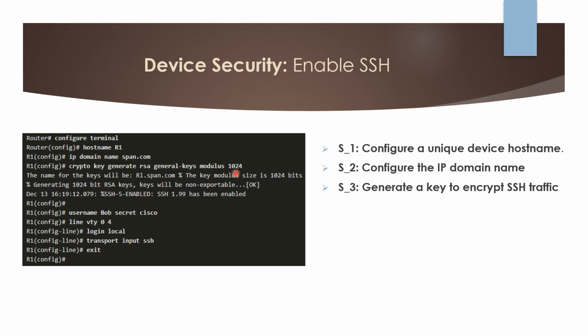So the minimum recommended modulus length is 1024 bits. Step 4 is to verify or create a local database entry. Create a local database username entry using the username global configuration command, and in this example the parameter secret is used, so the password will be encrypted using MD5.